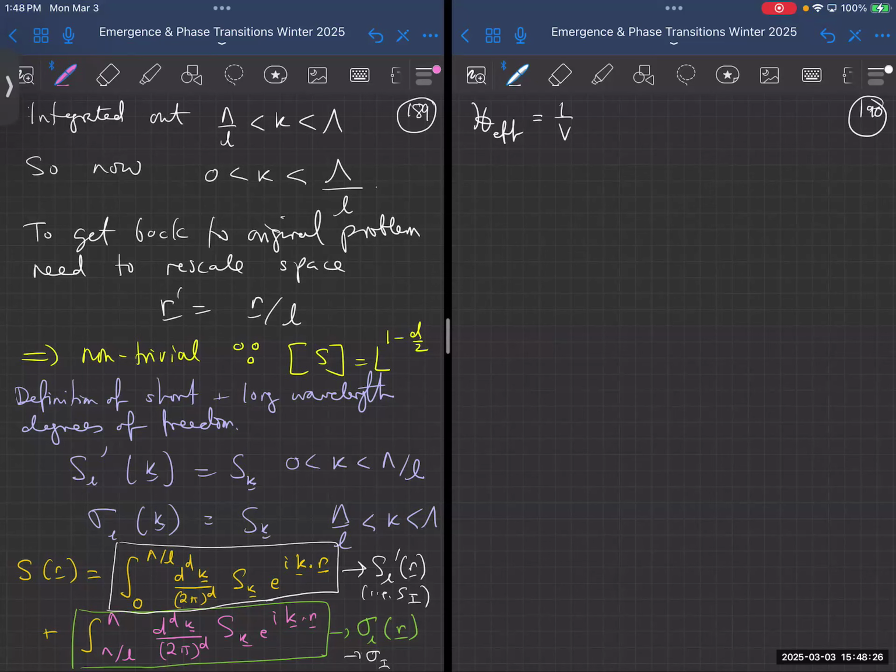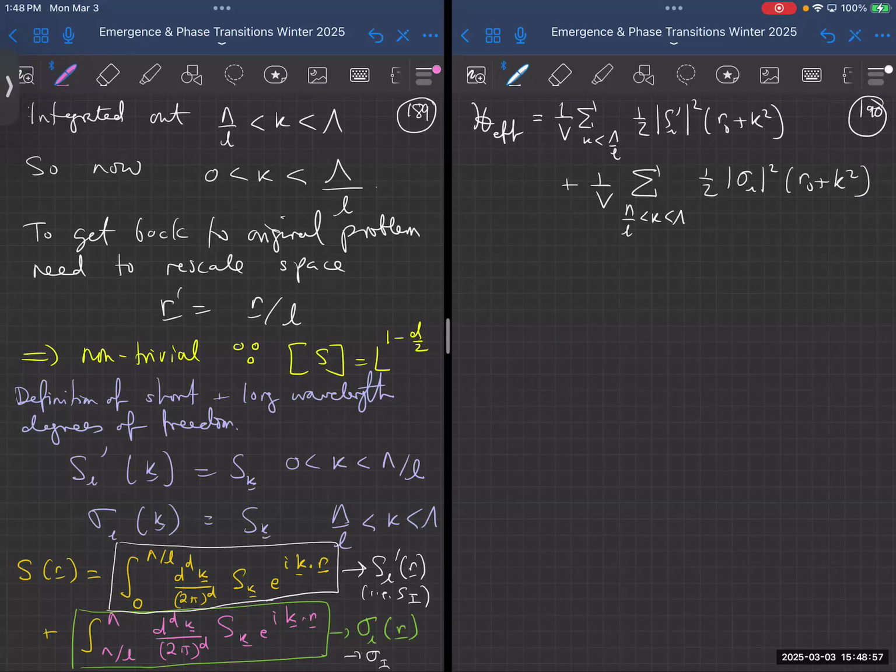Just plug it into the Fourier transform. So it's the sum over k less than lambda over L, 1/2 S L prime squared (r naught plus k squared), plus 1 over V sum over lambda over L less than k less than lambda, 1/2 sigma L squared (r naught plus k squared).